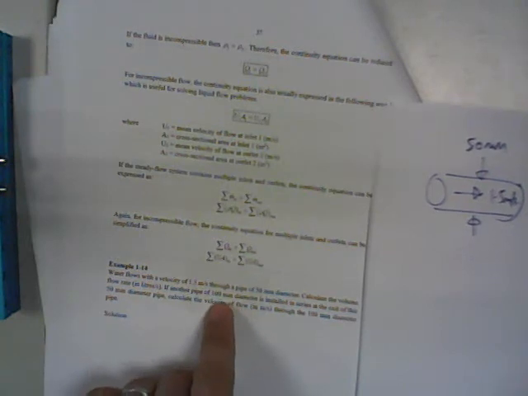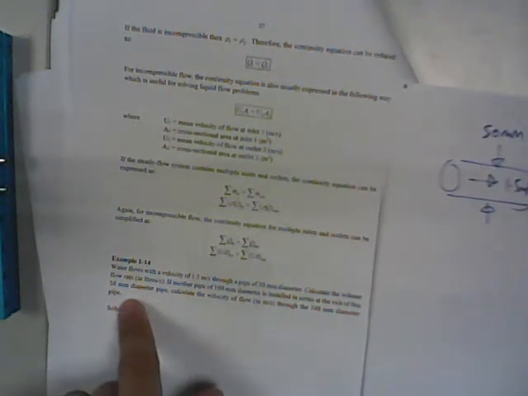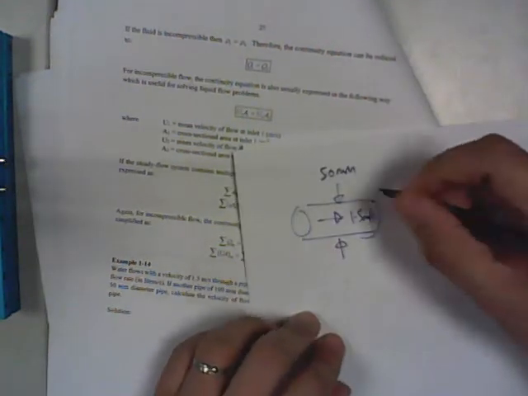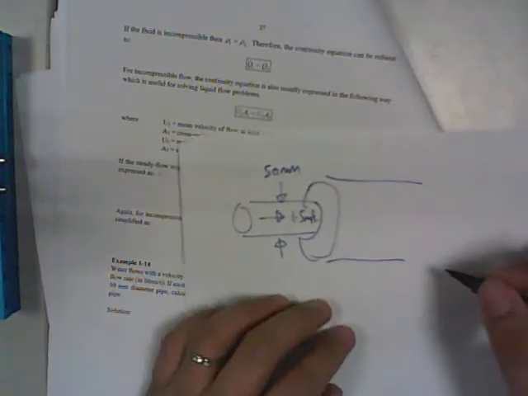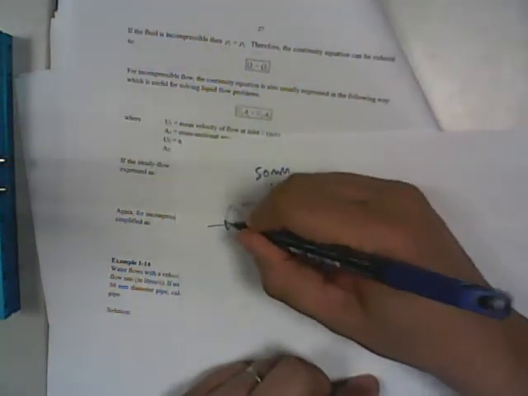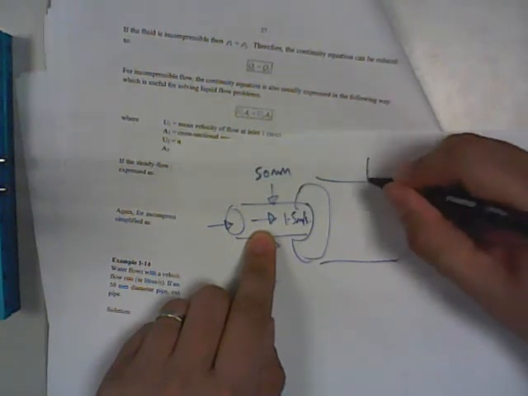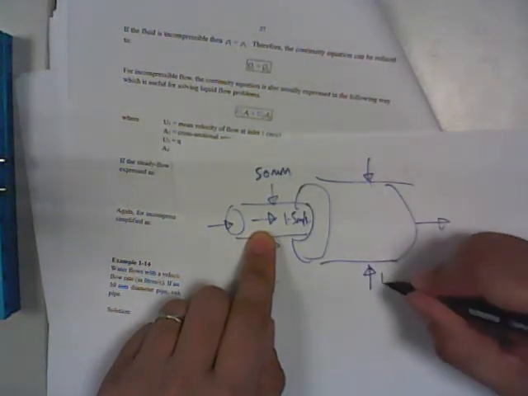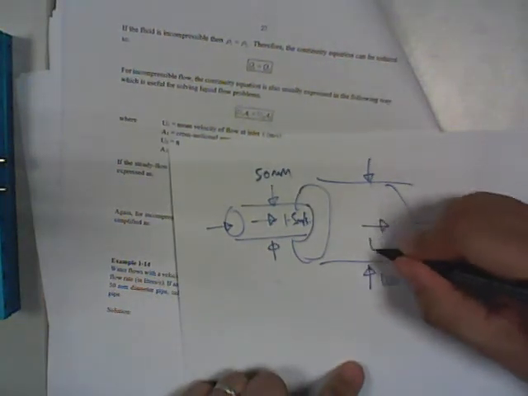And there's another pipe, 100 mm diameter, installed in series at the exit of this 50 mm pipe, which means that it is connected to a bigger pipe, from one pipe to the other pipe. This time the diameter is 100 mm. So what is this flow?